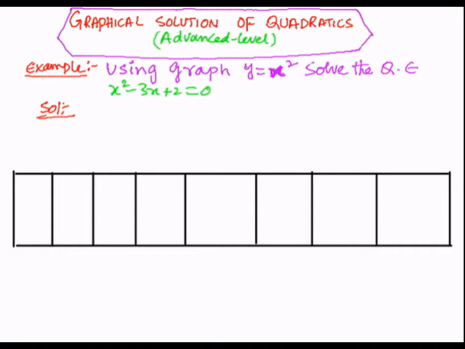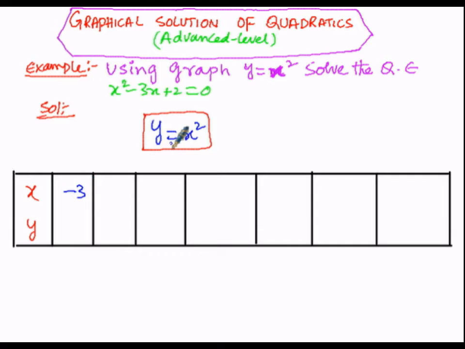So in our graph, first of all we are going to draw the graph of y equals x square. We are going to assume the values of x as minus 3, minus 2, minus 1, 0, 1, 2 and 3. First we assume the x value as minus 3.